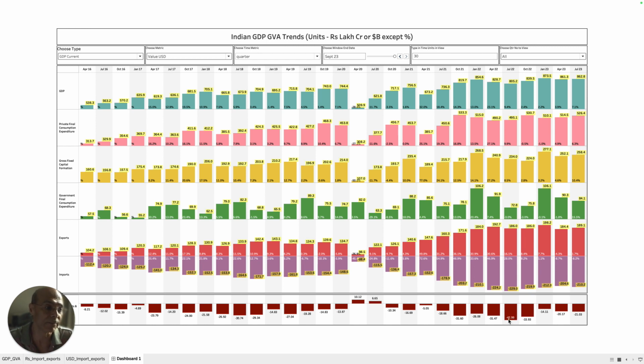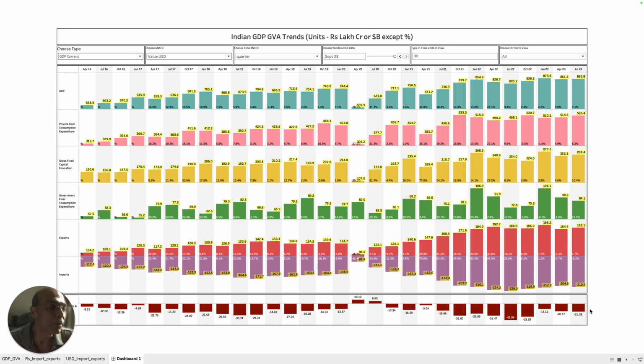If you look at this number, it is minus $42.99 billion of net import-export loss that we have incurred, which is pulling our GDP down. This lower base of 805.2 is because of this. This number was very low, and that's why we are getting a feeling of 7.1% growth, because the numbers were very bad here.